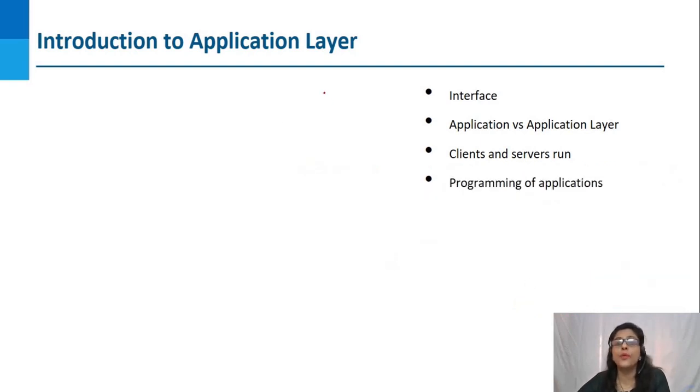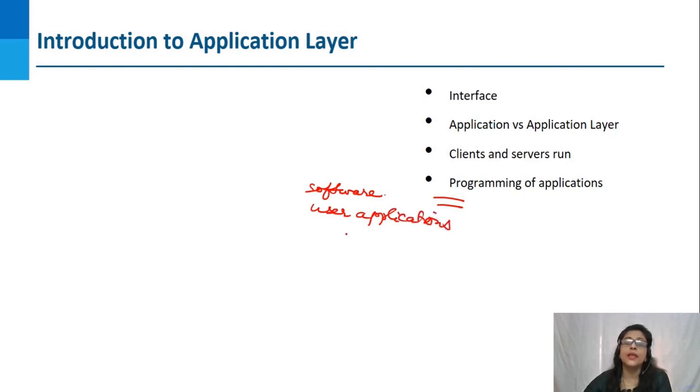Next comes programming of applications. It is the duty of the programmer of the applications to do software programming of user applications. They can either use Java or Python or any other language to design the applications.